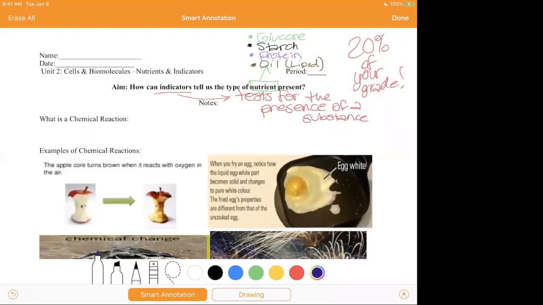But it's irreversible, which means that you can't undo it. So it's an irreversible reaction between two or more substances.